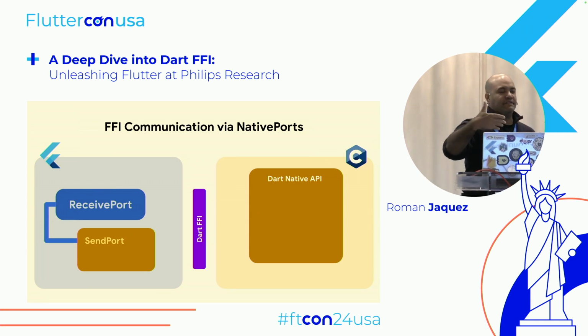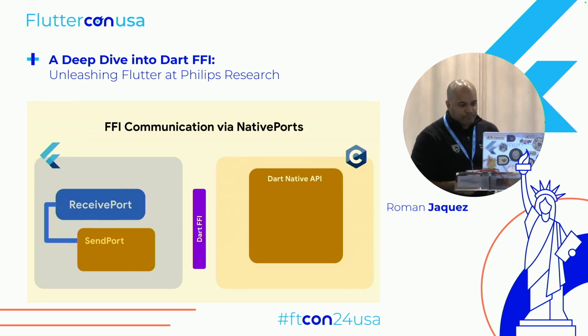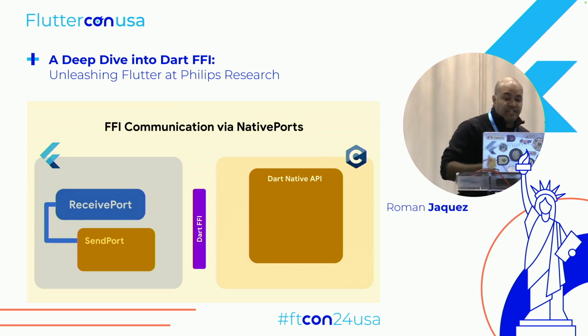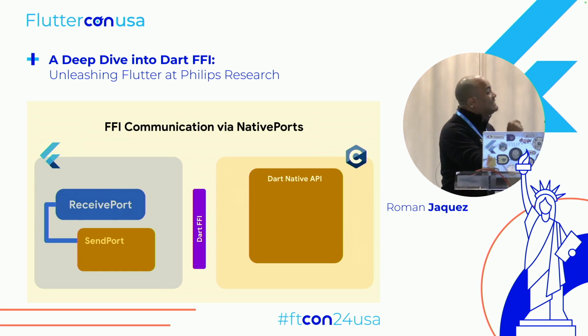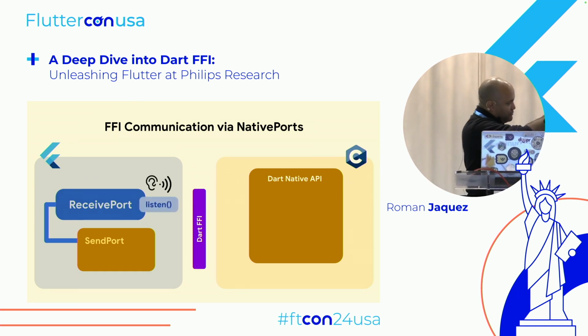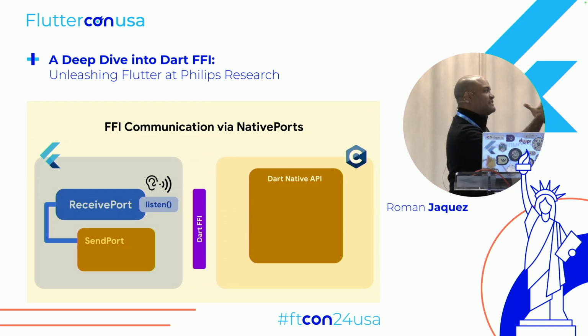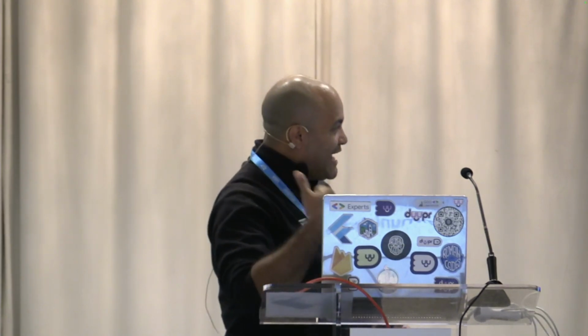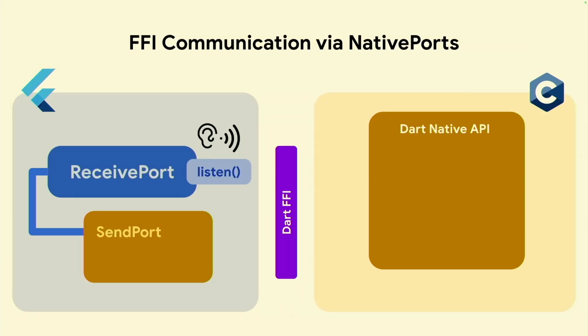It's a port, but not in the concept of networking. It's mostly like a pointer. It's kind of like a remote procedure call almost. So instead of using the actual send port to send information to the receive port, you actually use the native port of the send port. What I'm showing right now is that the receive port provides a stream so that you can listen to incoming messages from anybody that wants to send information to the receive port.